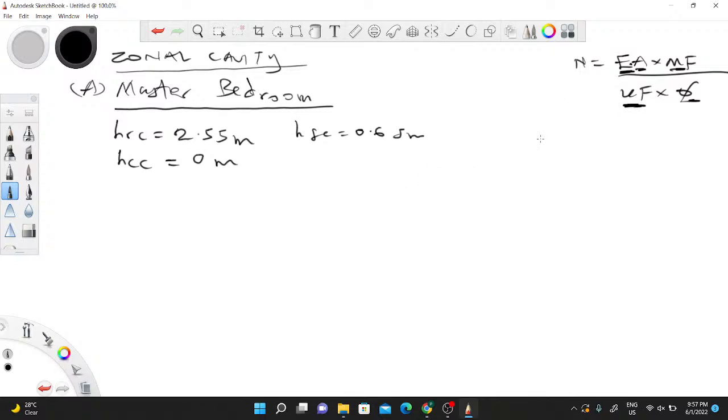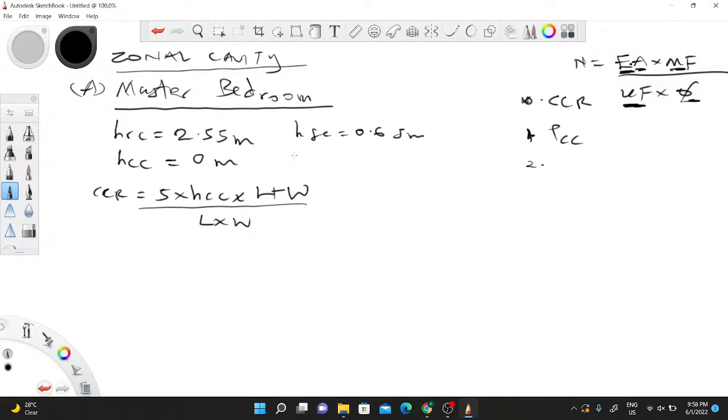Before we start, the first thing you must find is your ceiling cavity ratio. The ceiling cavity ratio is given by 5 times the ceiling cavity height times the sum of length and width over the product of length and width.